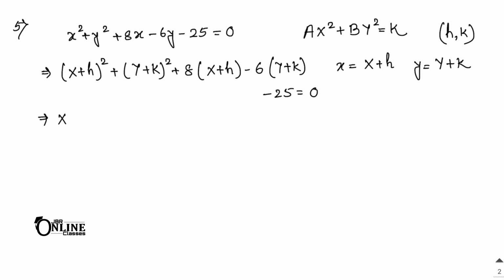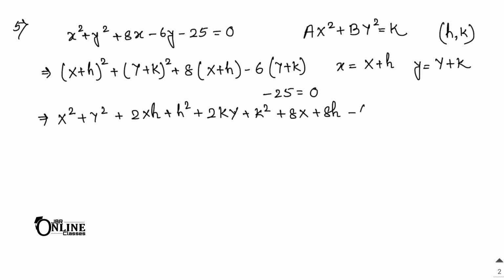So now write down capital X square, capital Y square, then 2 capital X h plus h square, then 2k capital Y plus k square, then plus 8 capital X plus 8h, minus 6 capital Y minus 6k minus 25, that equals 0.